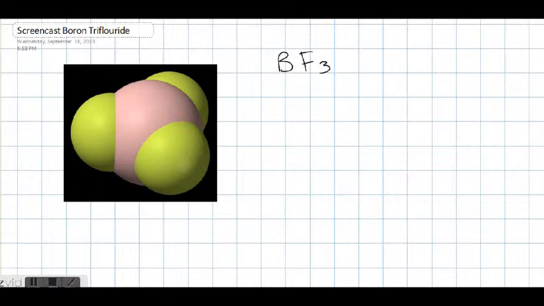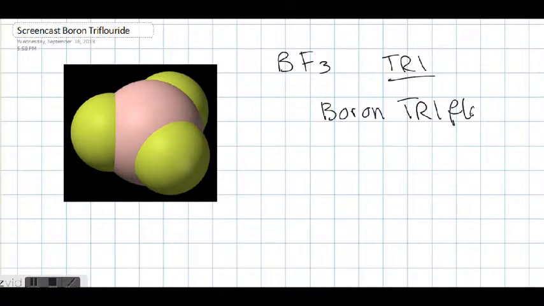We can tell that it's covalent because of the second part of its name, which starts with a tri. This is a prefix. Only covalent bonds have these. So right here, boron trifluoride.